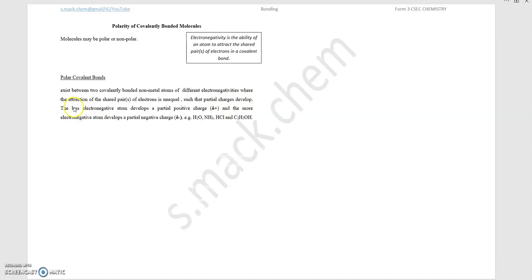The less electronegative atom develops a partial positive charge, and the more electronegative atom develops a partial negative charge. Now, I want to look at an example.